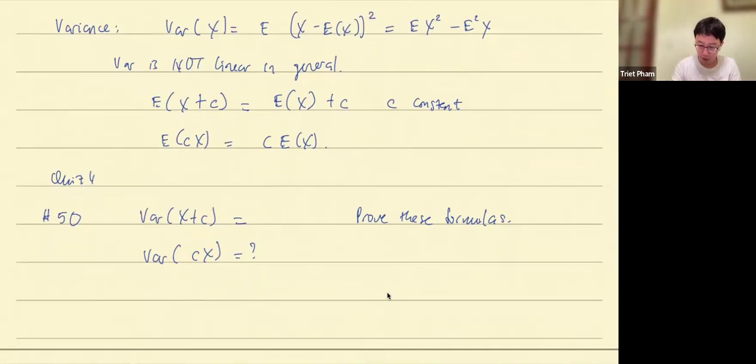Now the answer is it's the same. It's the variance of X. It's not like this. What about the variance of C times X?